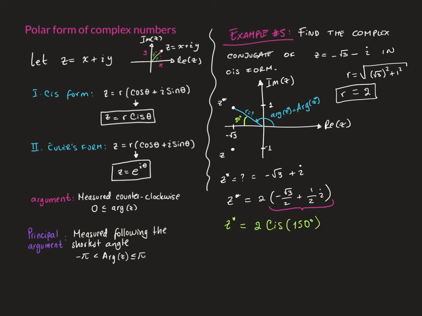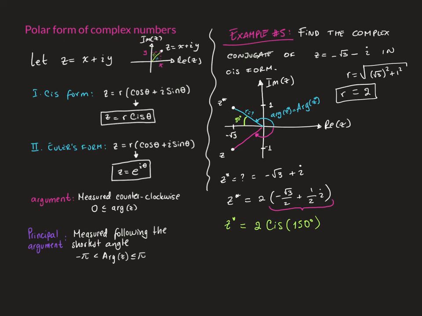Now, I want to use this example to show you one more property. Look at the position of the original number. The original number z is right here. If we wanted to calculate the principal argument of this number, we would start at the positive x-axis and go all the way following the shorter path towards where the number is.